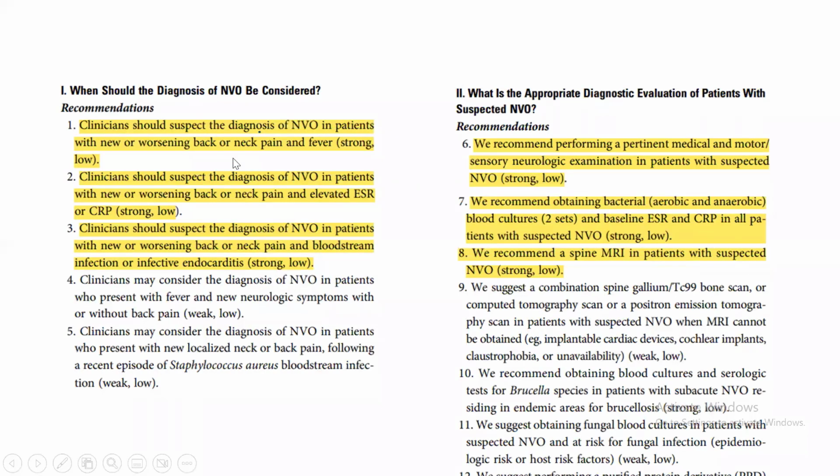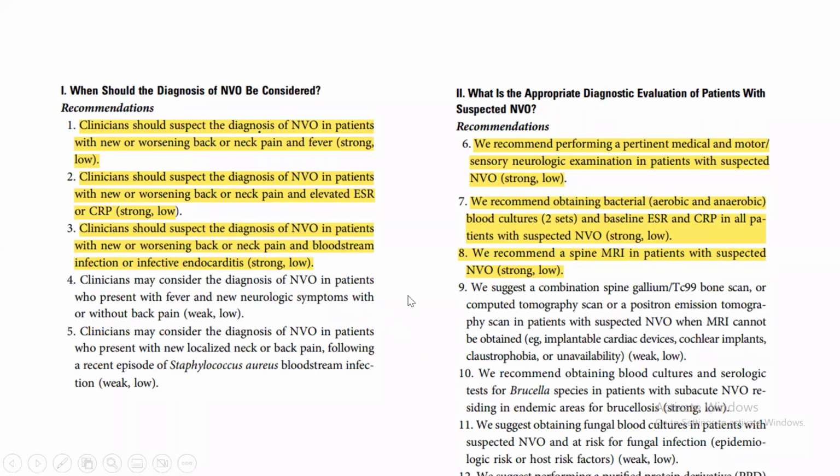We're going to highlight a few of these recommendations. For the diagnosis, it includes suspicion of new or worsening back pain and fever, which we stated earlier. The clinician suspects the diagnosis with worsening back pain, elevated inflammatory markers, as well as any bloodstream infections and infective endocarditis.